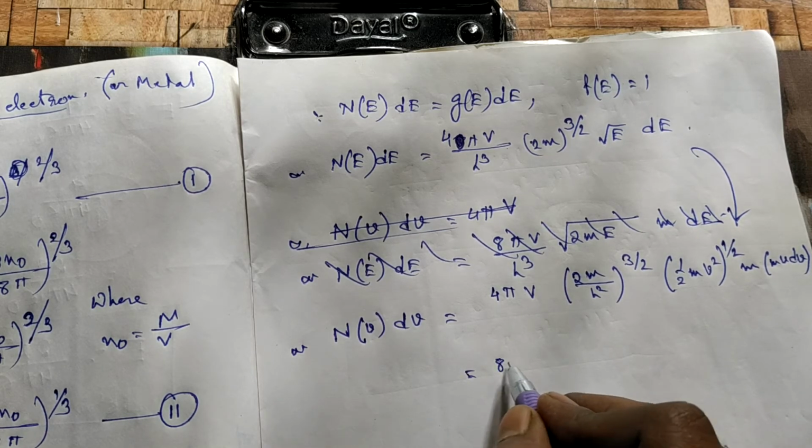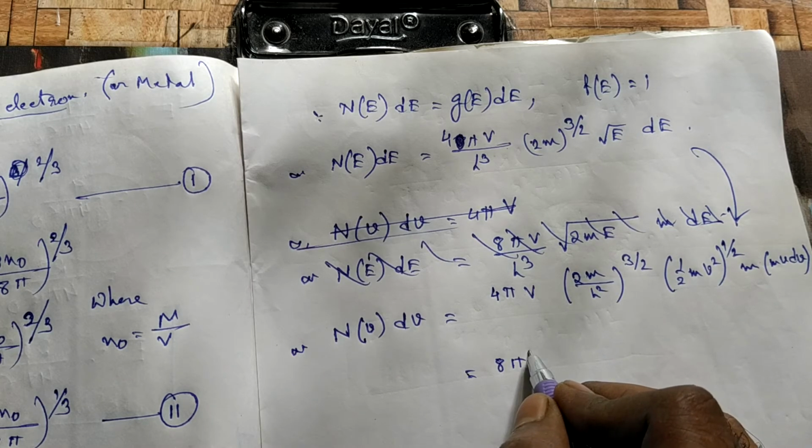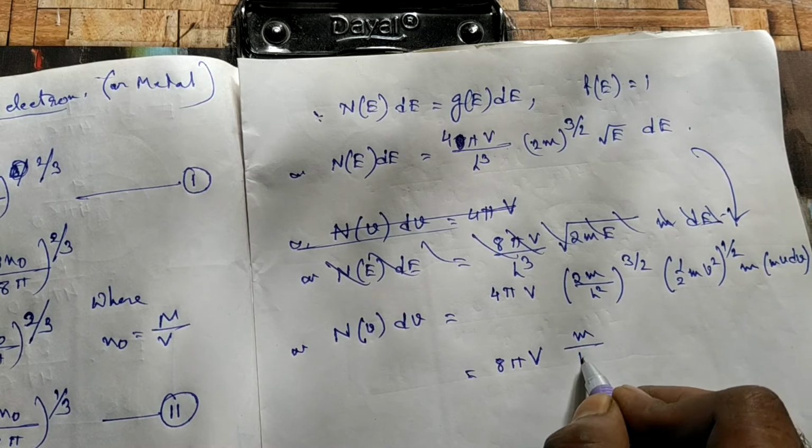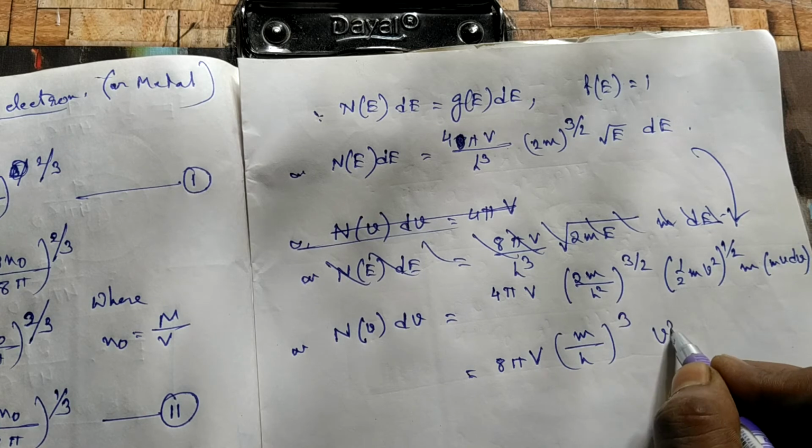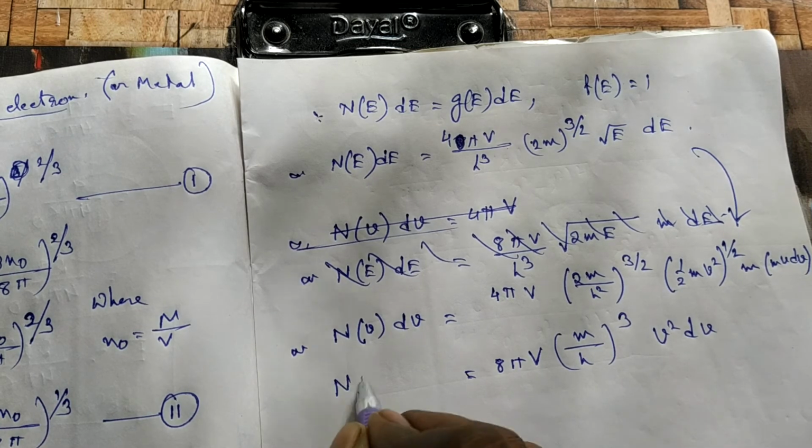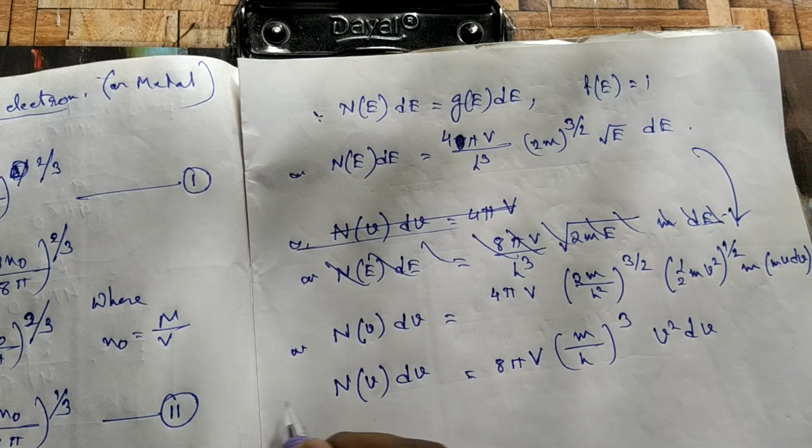If you simplify, it becomes 8 pi V m by h, whole to the power 3, V square dV. It is a function n(V) dV.